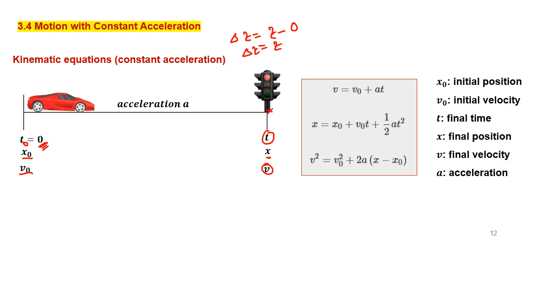Now we have some equations. If some of these parameters are given, we can calculate the other parameters. For example, if we know the initial velocity and the acceleration, we can find the final velocity using this equation. We can find the final velocity if we know v0, a and t. t here is the time taken.